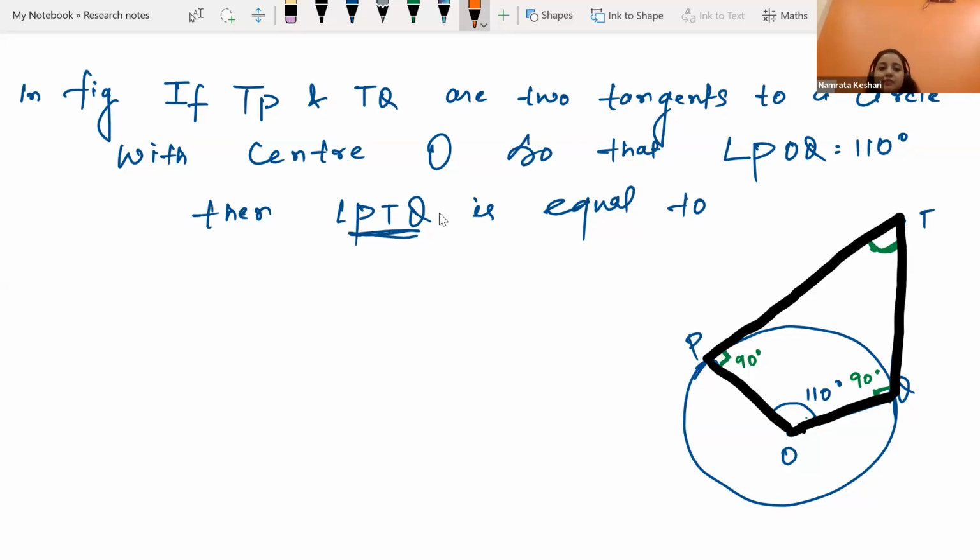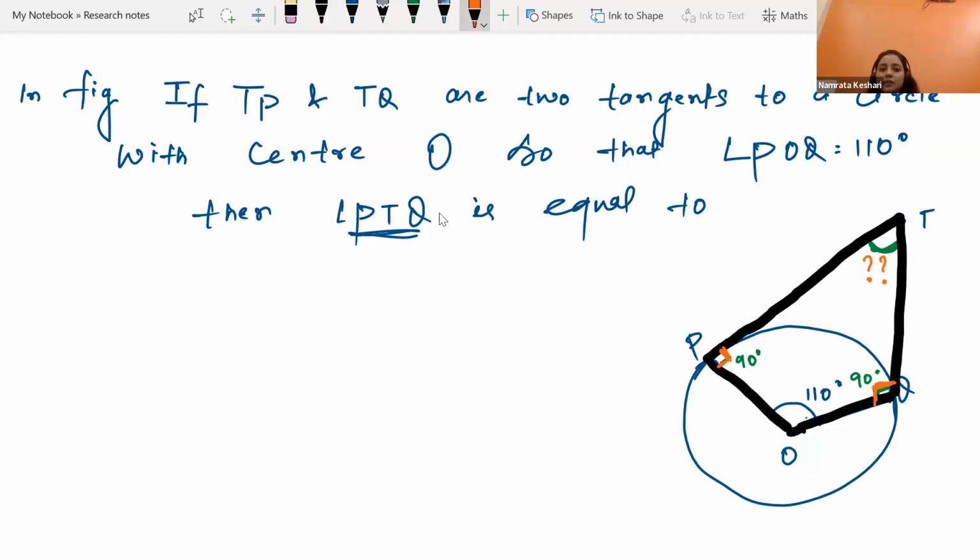So angle PTQ, this angle we have to find. Now I was telling everybody that here there must be 90 degrees. A tangent at any point on the circle makes 90 degrees with the radius which passes through the point of contact. Here also we'll have 90 degrees.